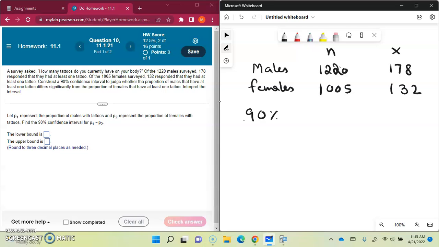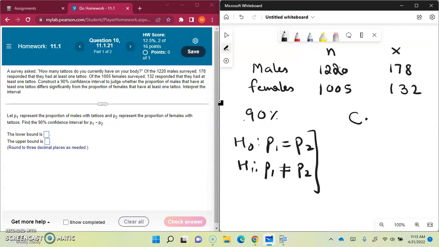So the question here, the null hypothesis is that the proportions are the same, the alternate hypothesis is that they differ. That is the question to test, and we do that in this question using a confidence interval. So you create a 90% confidence interval.